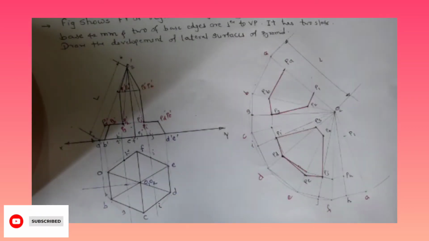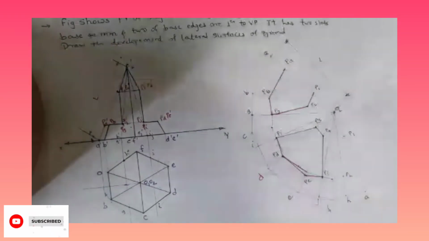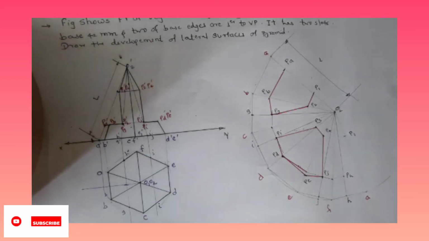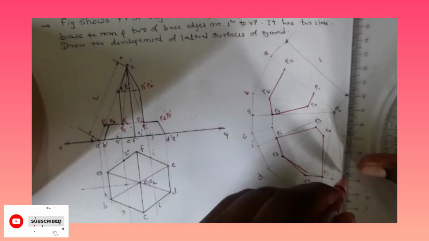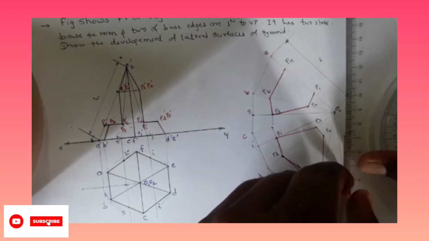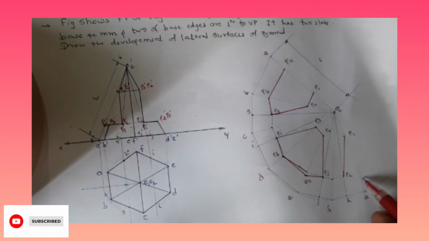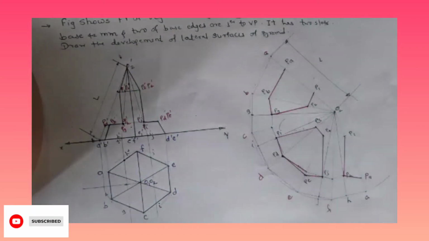Okay, and then last one, P1 to PH. Okay, here one point is missing, that is the PA, so it is marked here, PA, and then PS to PA.